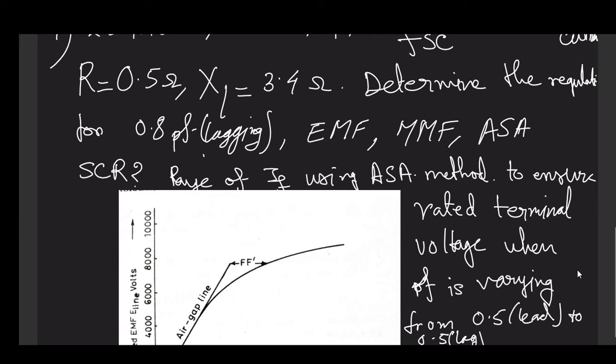In case of lagging current, it produces a demagnetizing effect, so you need to boost your field current to compensate. So we have to find out the range, from maximum boost to maximum weakening.